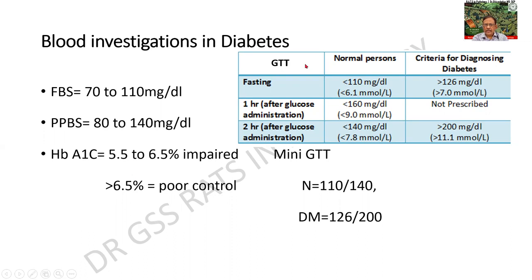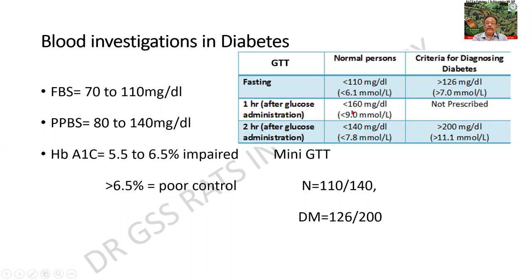Next is the glucose tolerance test. When a patient is on the borderline, we try to do the GTT and confirm whether he is a diabetic or not. And the values are given. In a normal person, the fasting sugar is less than 110 milligrams, whereas in diabetes it is more than 126.